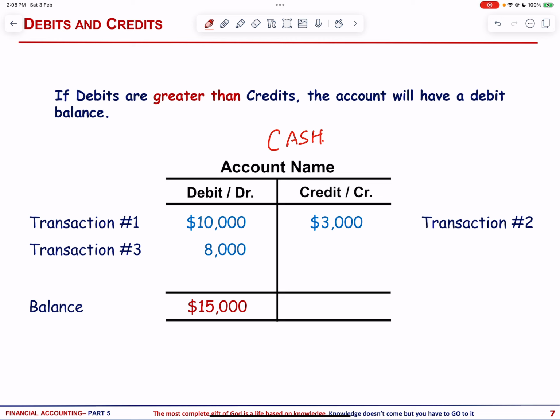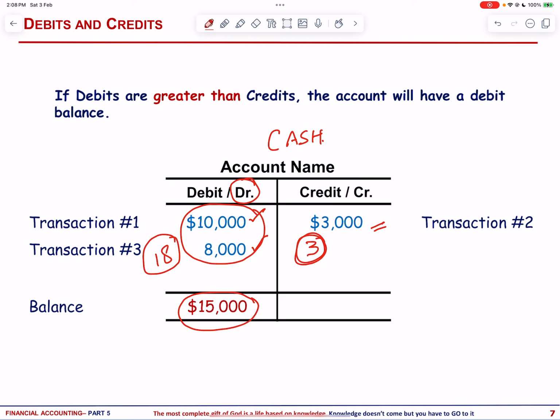We make the total of the debit, that is 18,000, and the total of credit is 3,000, and we subtract the credit from the debit, and the difference is 15,000. Now in this case the debit side is more than the credit side, so that's why we have recorded the balance on the debit side, that is the left hand side.